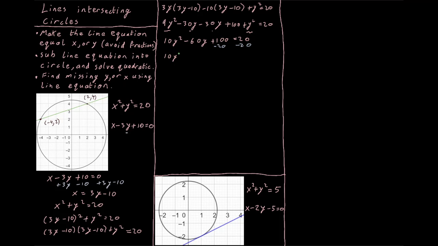So I have 10y squared minus 60y plus 80 is equal to 0. Now I can see I have a common factor of 10, so I can divide out number common factors. I wouldn't want to do this if it was a common factor of a letter, but I can divide out number common factors. I get y squared minus 6y plus 8 is equal to 0.